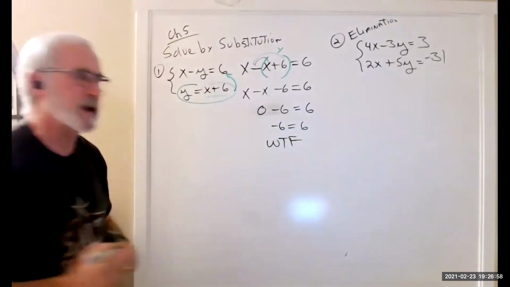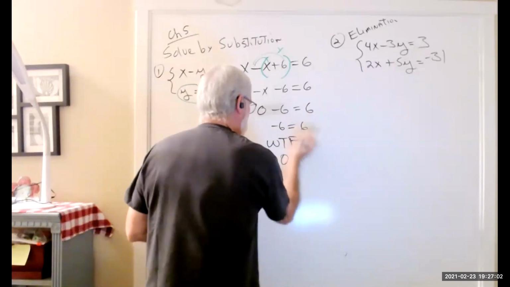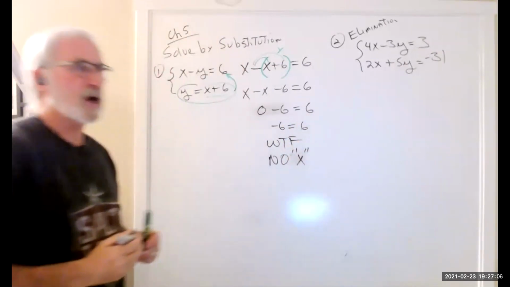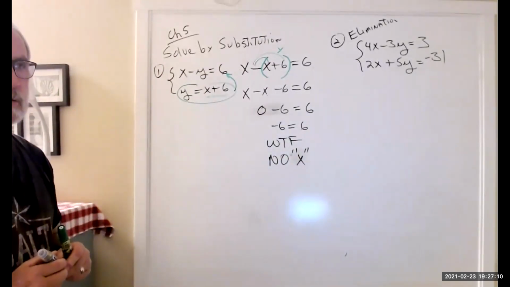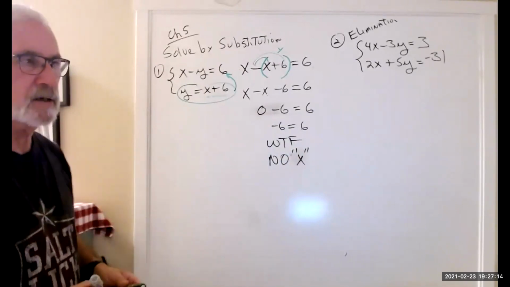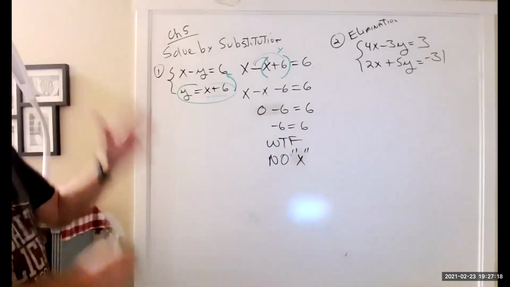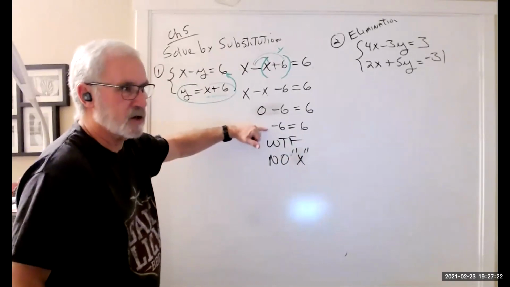The X's dropped out. There's no X's. Well, my first thought is, did I make a mistake? My first thought was, did I make a mistake? No, I didn't. Okay. So my next thought is, what is this trying to tell me?